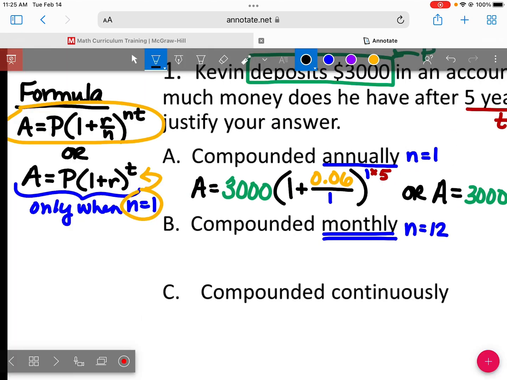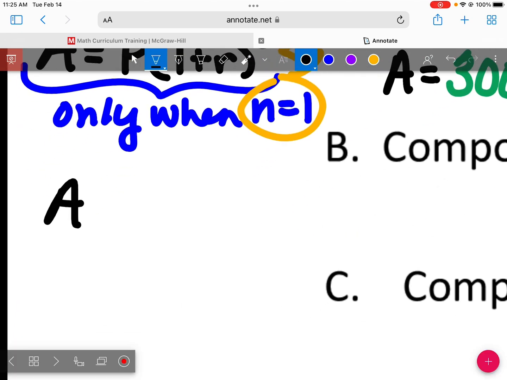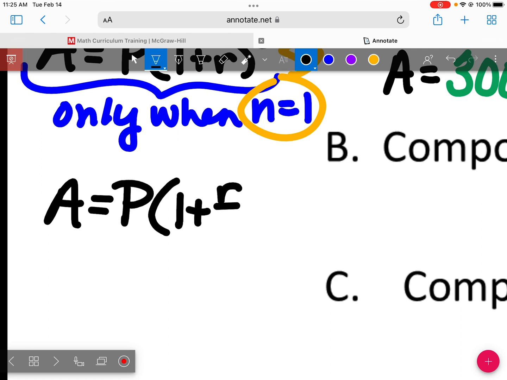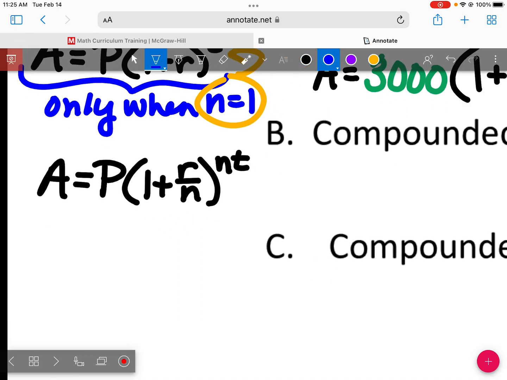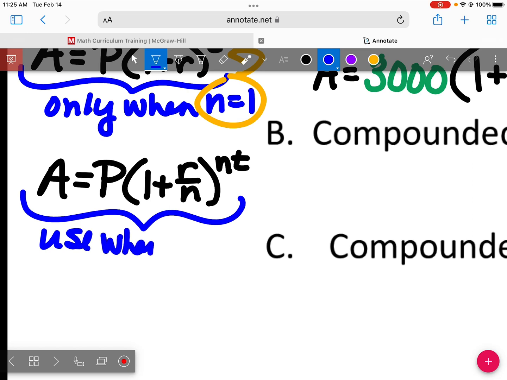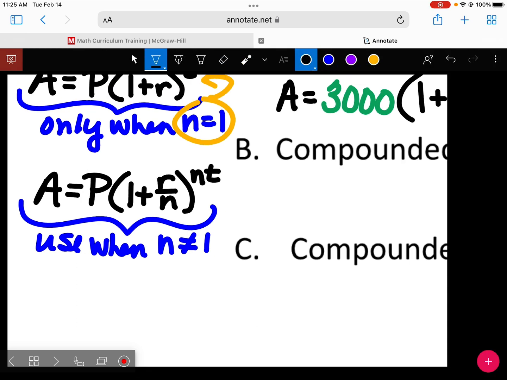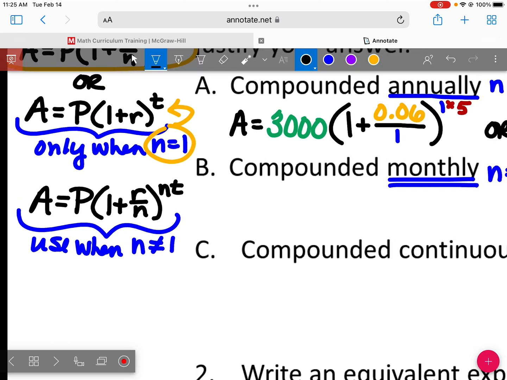So the formula that I have to use here is A equals P times 1 plus R over N to the power of NT. We have to use this one when N does not equal 1. Does anything other than the N value change on part B?